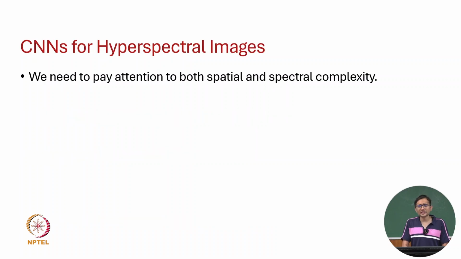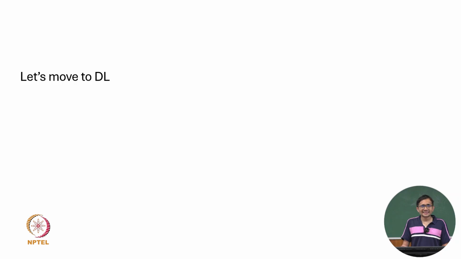This sets the stage for CNNs for hyperspectral images, and with CNNs we of course always need to pay attention to both spatial and spectral complexity. However, CNNs in a way, as we have also discussed before, are more focused on the spatial complexity, right? So we need to now think of it as designed for both spatial and spectral complexity, and thus with this entire background, let us move to a more focused discussion on the deep learning based approaches.